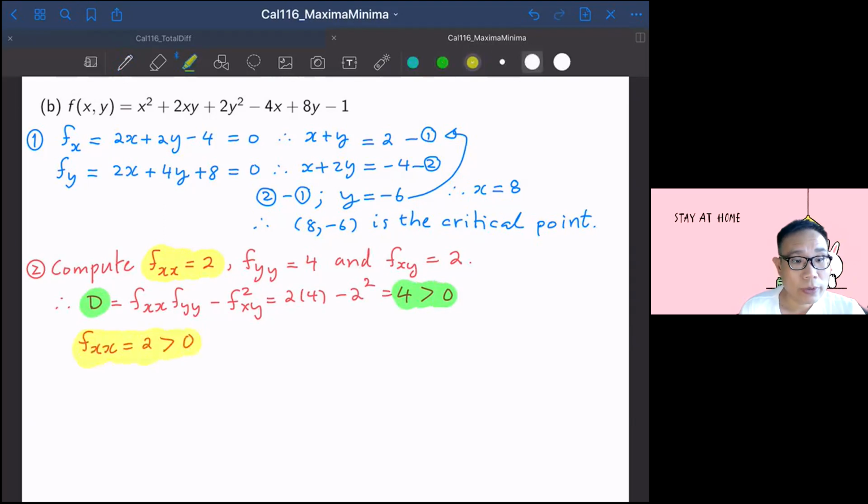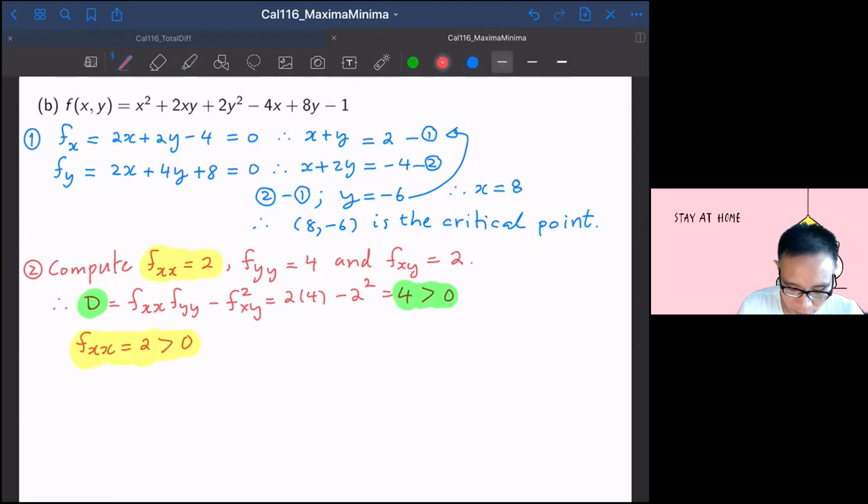So in this case, you would get that (8, -6) is a relative minimum. Okay, so you reach this conclusion. So this one is the third step.